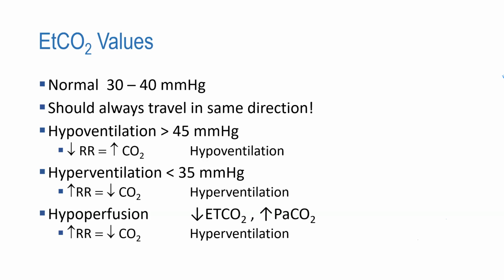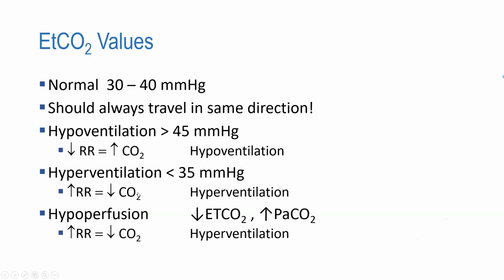When I'm hypoventilated, end-tidal CO2 goes up, arterial CO2 goes up. That's hypoventilation. If I'm hyperventilating, arterial CO2 goes down, end-tidal CO2 goes down. So when I'm trying to make this match with ventilation, hypoventilation, CO2 is up in the artery and in end-tidal. In hyperventilation, CO2 is down in end-tidal and arterial because they should always travel in the same direction.